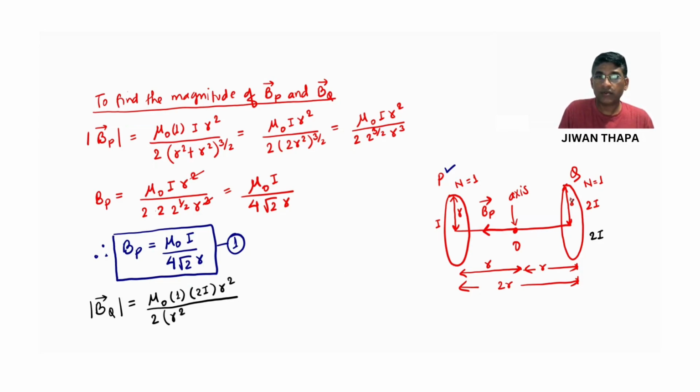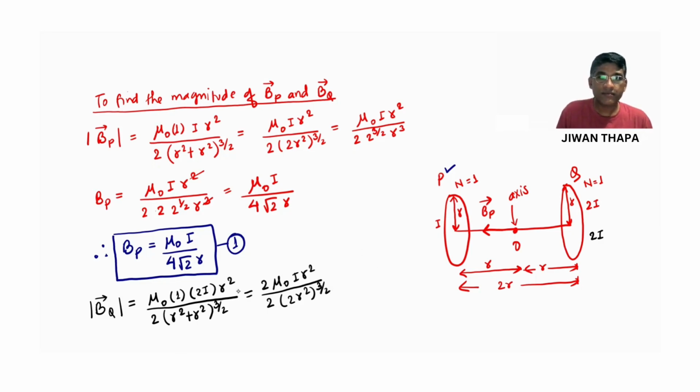So R square, so this distance, okay, R, and we have this distance R, so plus R square whole power 3 by 2. Now let's simplify this. So we have 2 mu naught I R square by 2, and we have 2 R square whole power 3 by 2.